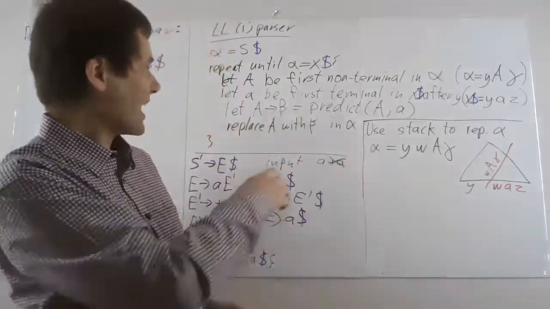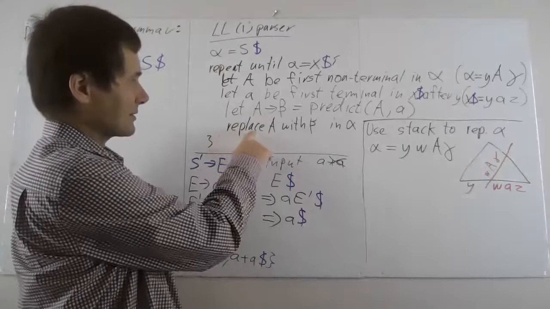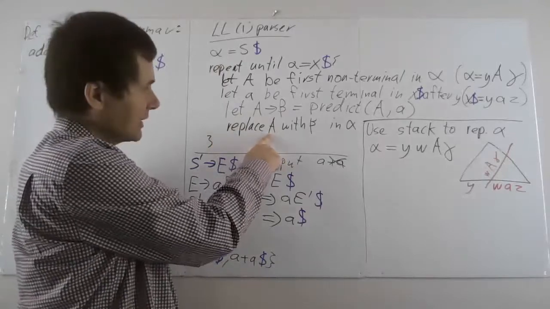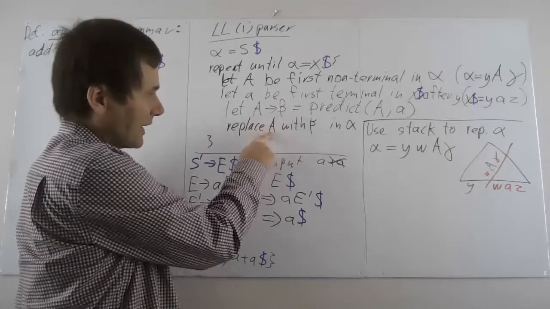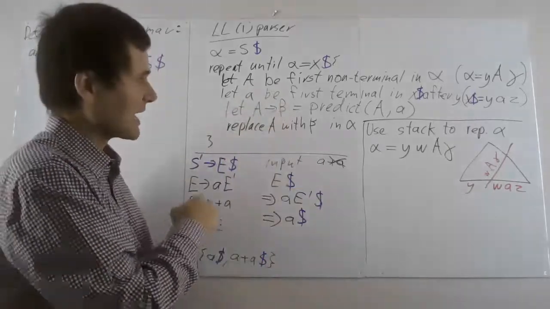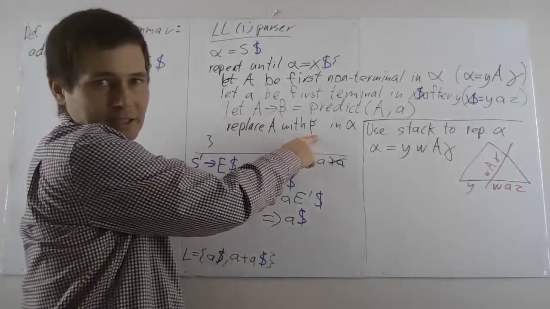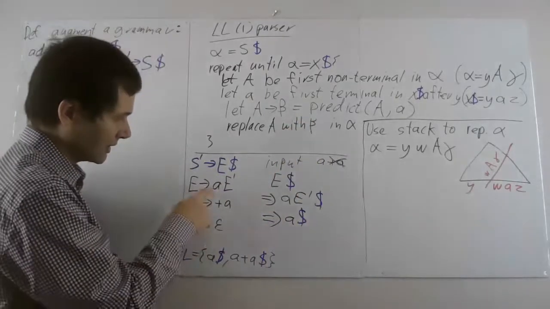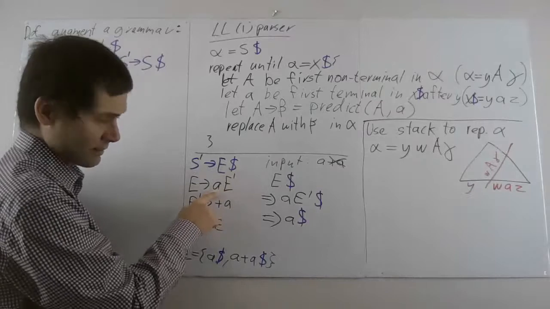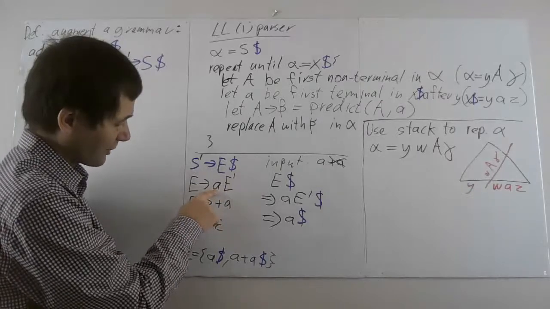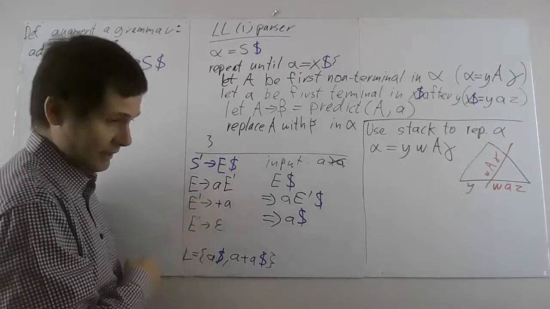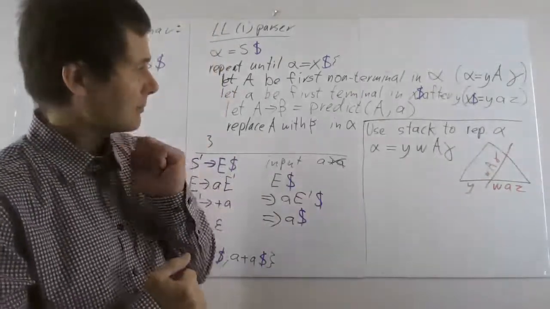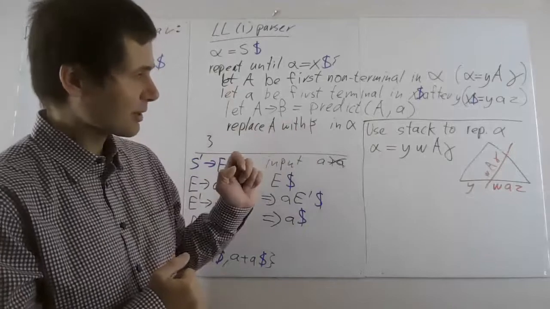So that happens when I do this replacement. The way I'm going to implement this replacement is I'm going to want to pop A from the top of the stack and replace it with beta. And beta is the right-hand side of a production rule. So in general, beta could start with a terminal symbol. So in general, I could have terminal symbols on my stack.